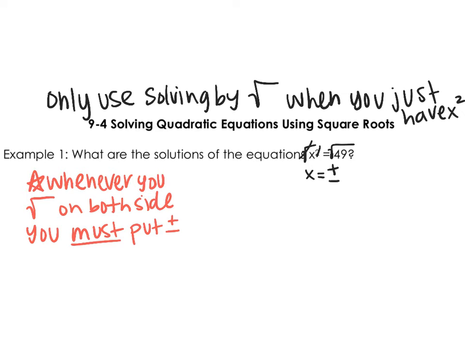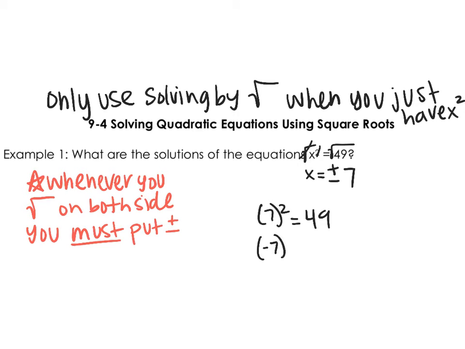Now, if we type in the square root of 49 to our calculator, we would get 7. So what this is saying is if I were to plug this back in, positive 7 would give us 49 and negative 7 would give us 49. So if I were to check this and I plug in positive 7 squared, it does equal 49.